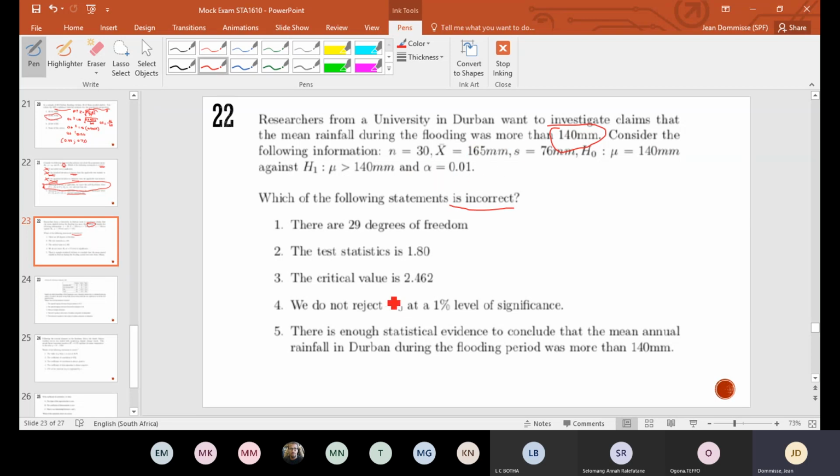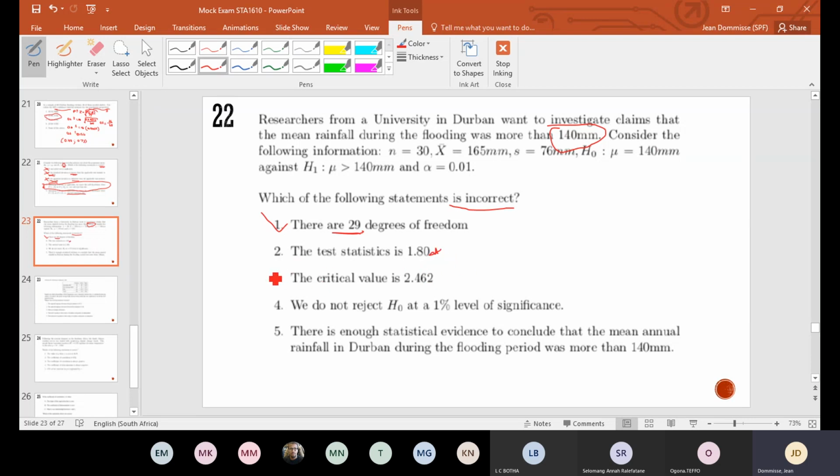Okay, so let's quickly check the degrees of freedom: 30 minus 1 is 29, so that is correct. The test statistic is 1.8. Ooh, that we need to calculate.